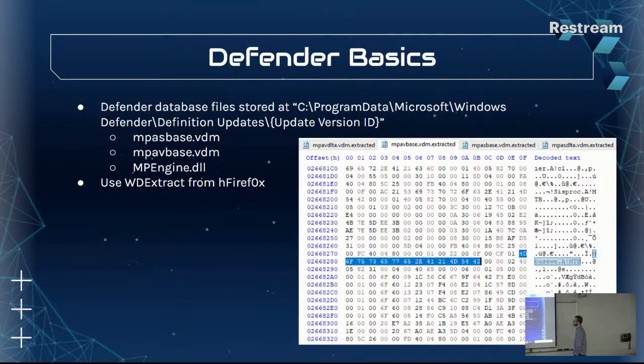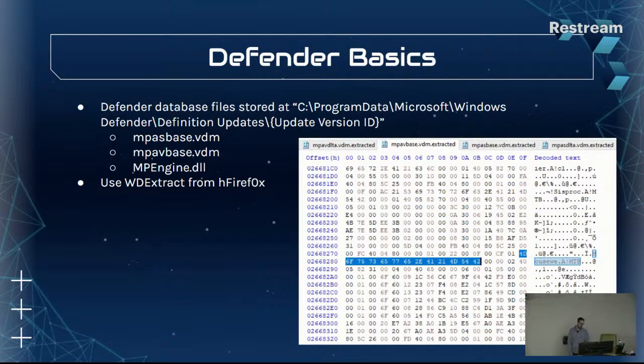There's mpasbase.vdm, mpavbase.vdm, and then there's mpengine.dll. mpasbase is your anti-spyware definitions, and your mpavbase is your antivirus definitions. And then mpengine is what's actually used to call the functions within both of those and search for the signatures within those.